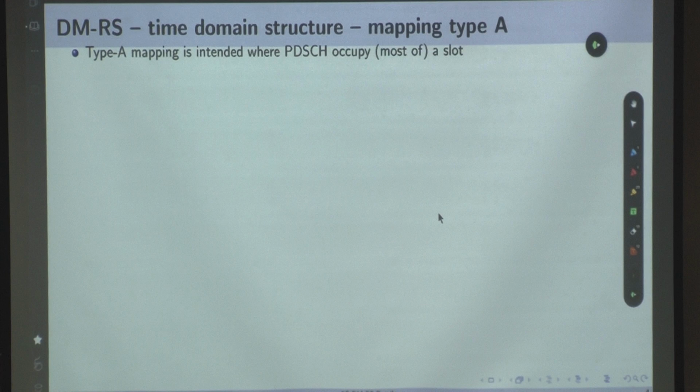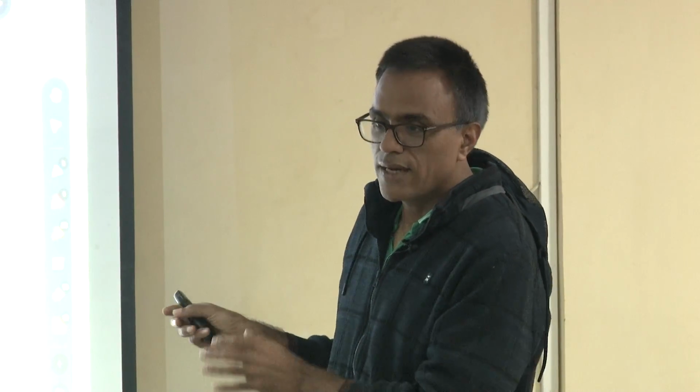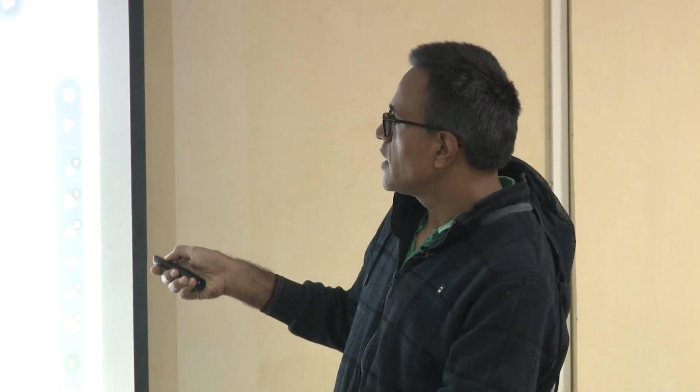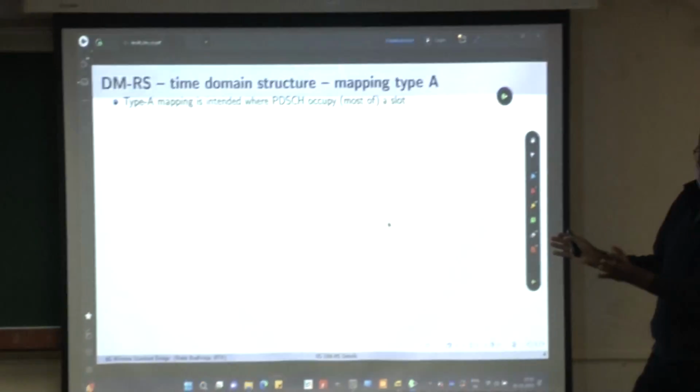It will make sense when I briefly tell you about type B, which is used for URLLC transmission. URLLC transmission can come anywhere in a slot, and it will occupy a small part of the slot because it is very low latency data, but not a high amount of data. That's where type B mapping is used. We'll see all that also, but I have to tell you about type A, so I am telling you about type B also.